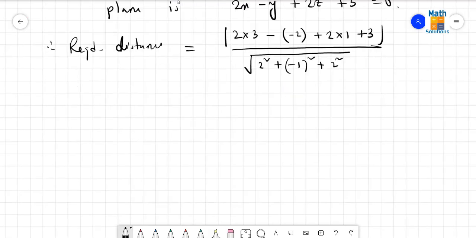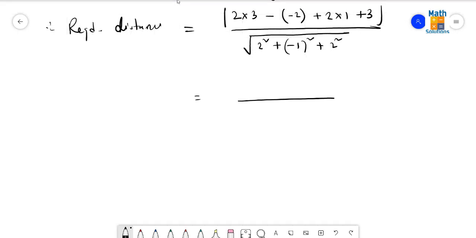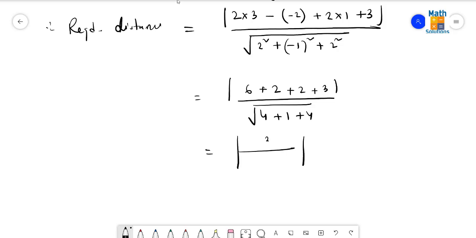Let us see: modulus of 6 plus 2 plus 2 plus 3 divided by square root of 4 plus 1 plus 4. So in the numerator we shall be getting 13, and in the denominator this will be root 9. So we shall be getting 13 by 3, and this is the answer.